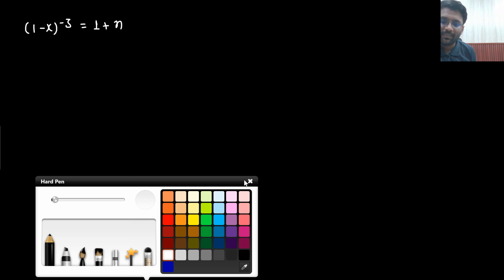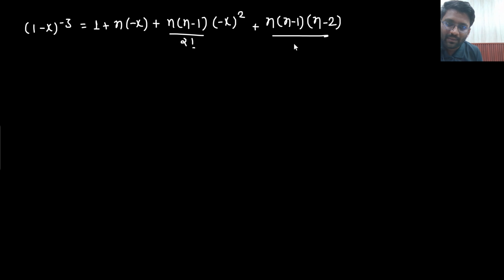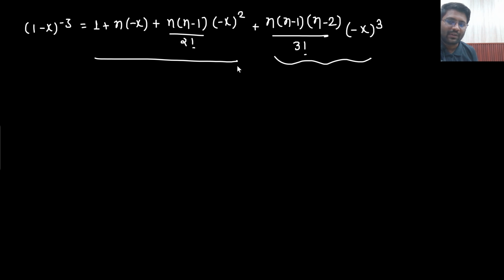So 1 plus nx plus n into n minus 1, then minus x square divided by 2 factorial plus n into n minus 1 into n minus 2 divided by 3 factorial, minus x cube. I only need to care about this particular term. That's it. I don't care about these other terms.